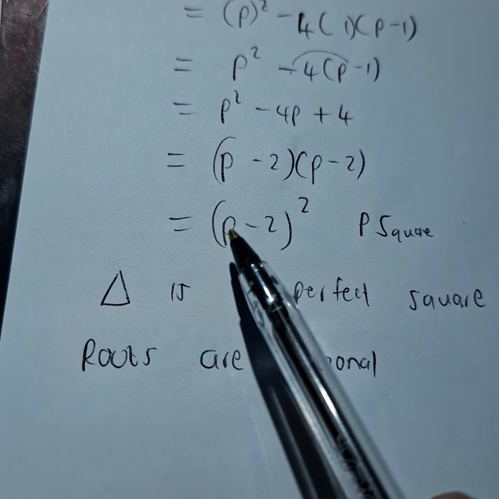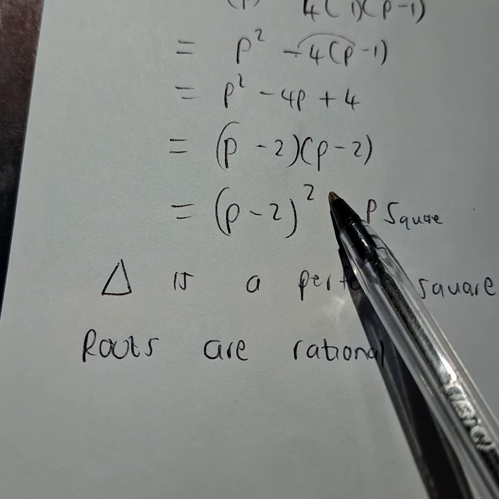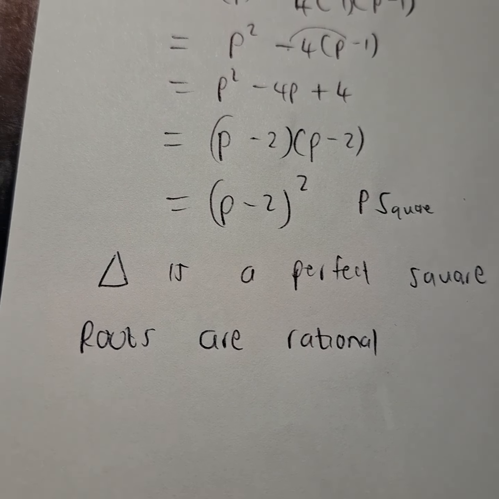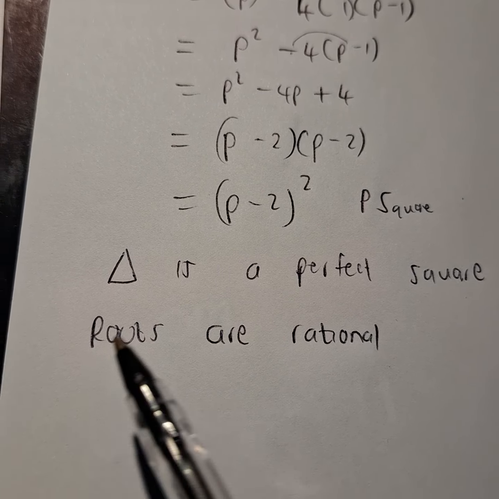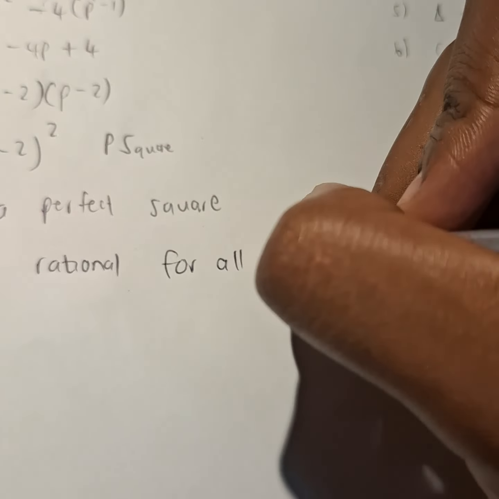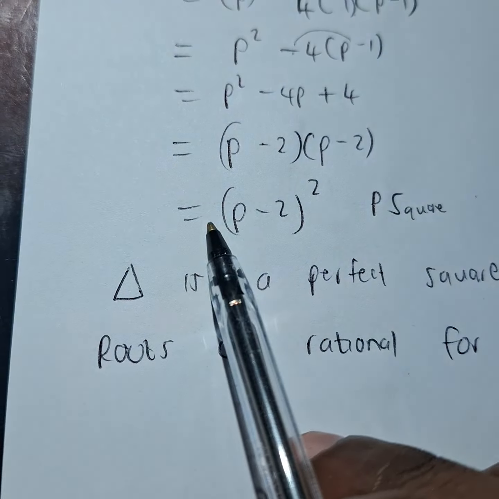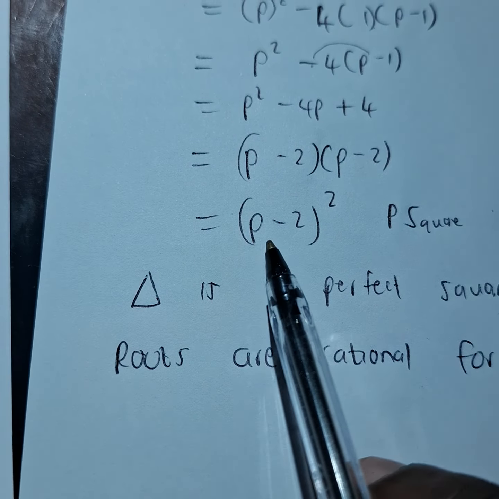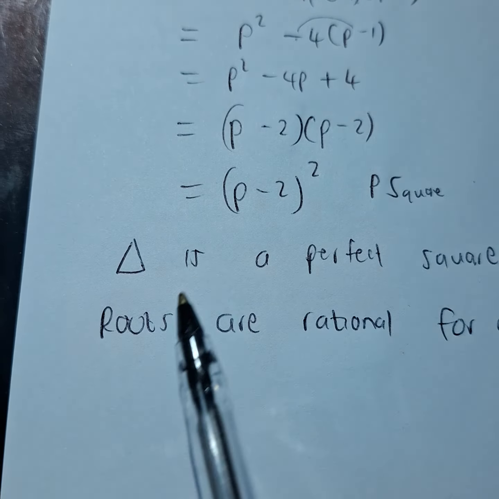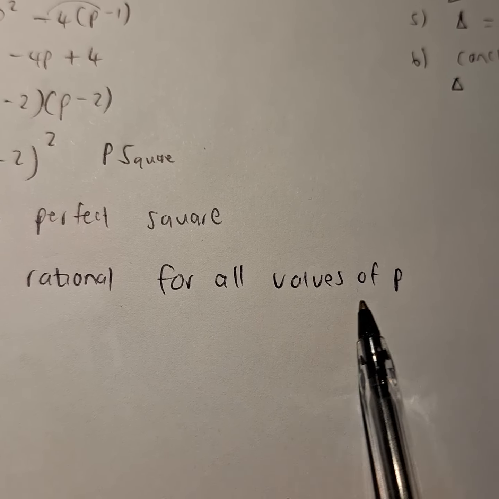For any value of p that we substitute here, it doesn't matter what it is, whatever value we get here, we're going to square it, and therefore it's going to be a perfect square, which means indeed that the roots are rational, and it is indeed for all values of p. Whatever value of p you substitute here will lead to this being a perfect square, and therefore we can conclude that the roots are rational for all values of p.